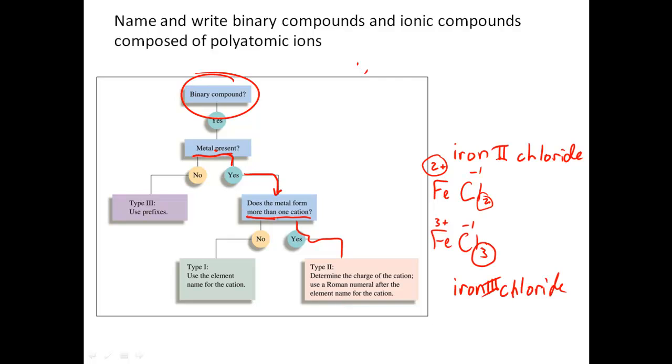Now, if the metal doesn't form more than one cation, we don't have to worry about the Roman numeral. So, for example, if we have calcium chloride, calcium cations only come in one charge, so we don't have to worry about including that in the name.